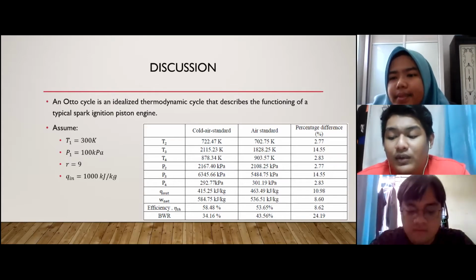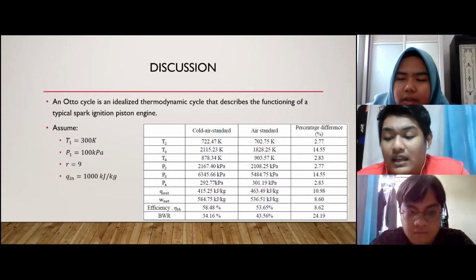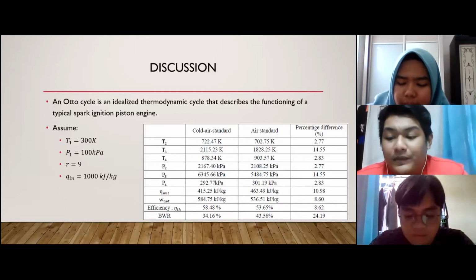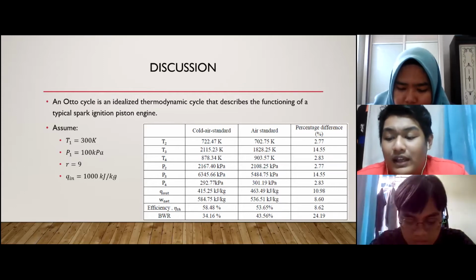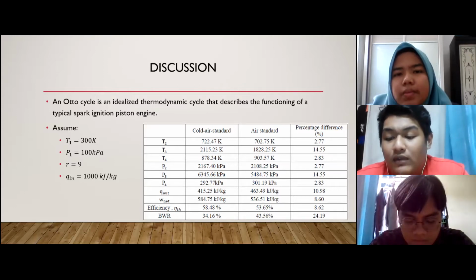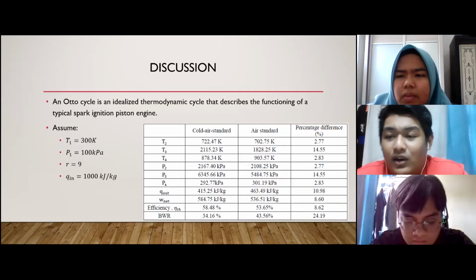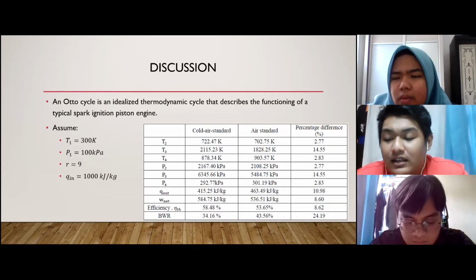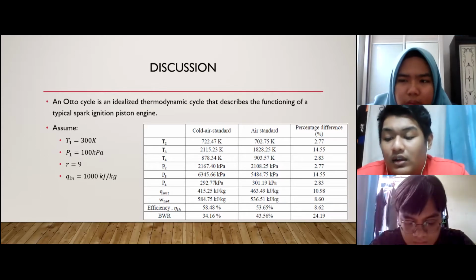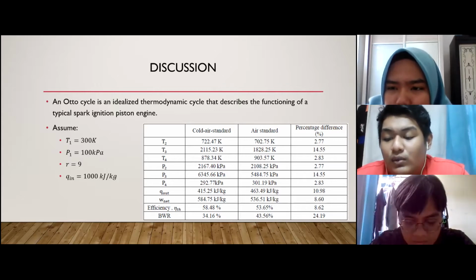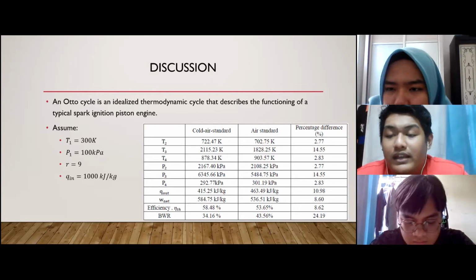The working fluid in the air standard assumption is air that behaves like an ideal gas, and all of the processes in the cycle are internally reversible. While the cold air standard assumption includes the fact that air can be treated like an ideal gas at room temperature with constant specific heat. So that means the difference between cold air standard and air standard is that in cold air standard we need to assume constant specific heat at room temperature.